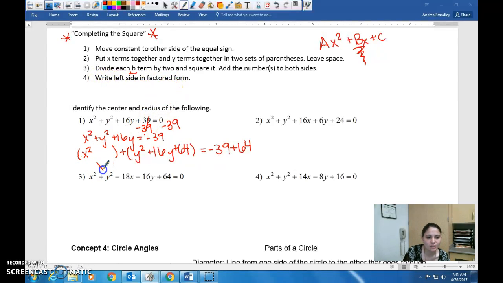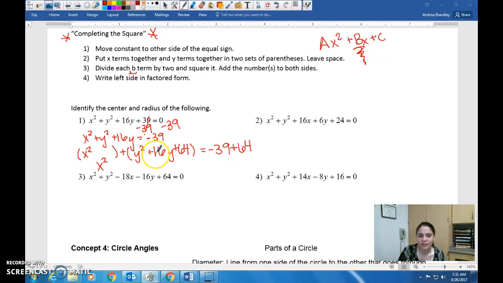And then it says, write the left side in factored form. So again, my x squared just going to stay right how it is. But this y squared plus 16y plus 64 is now a quadratic that I can factor. However, it's factored in a very specific way. So if you'll notice, I need two numbers that multiply to 64 and add to 16. Well, that's 8 and 8.